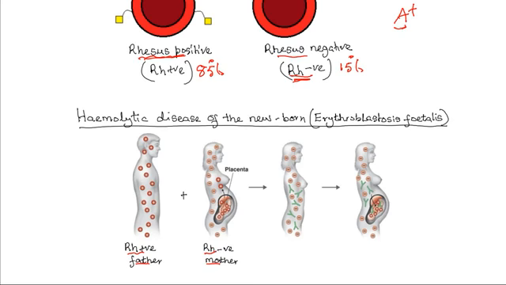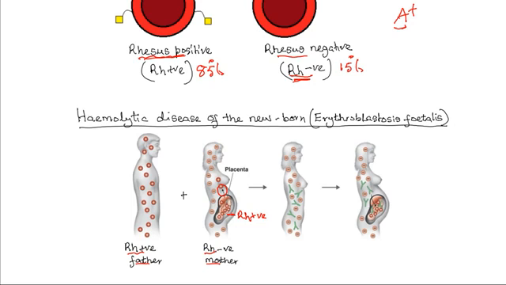This fetus here is most likely to be Rhesus positive. Now, the Rhesus positive antigen of the fetus may pass across the placenta into the mother's bloodstream during the last month of pregnancy.